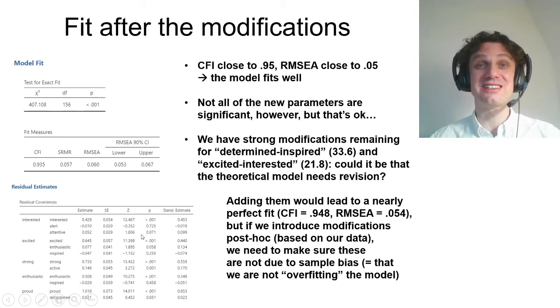even if some of these residual covariances are not significant. For example, interested with attentive is almost significant, but interested with alert is not significant, and so on.